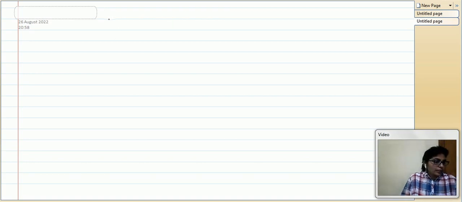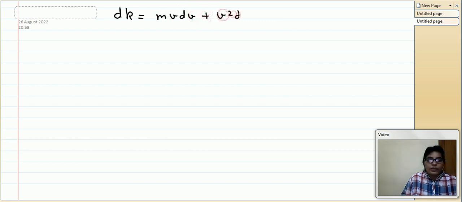So let us write the same equation that we have derived. We have derived that dK is equal to mv dv plus v square dm. So this is our previous equation.